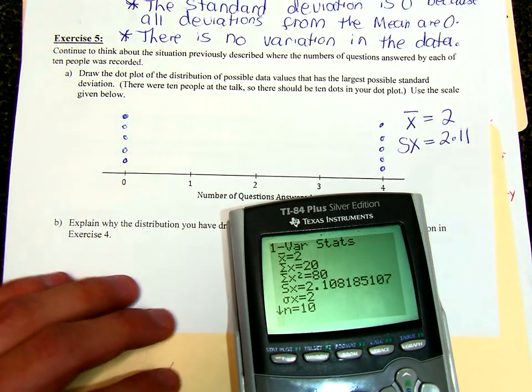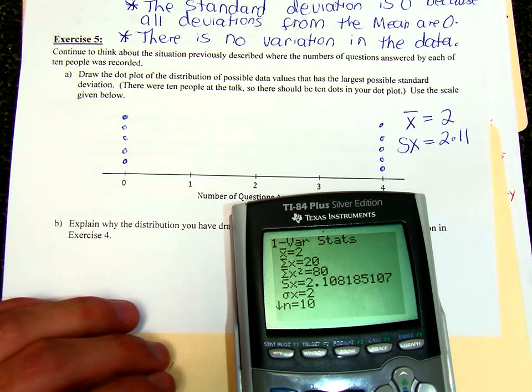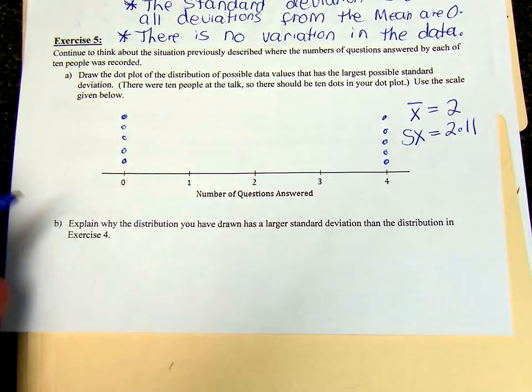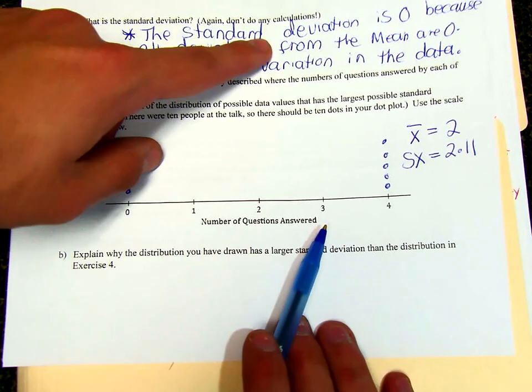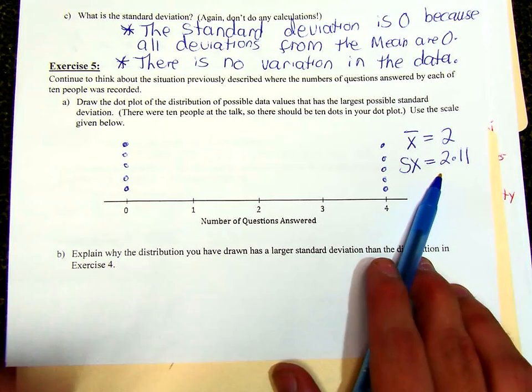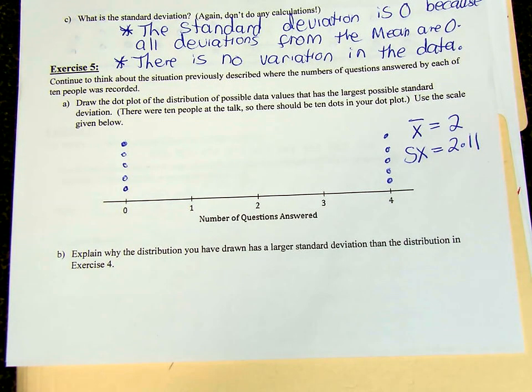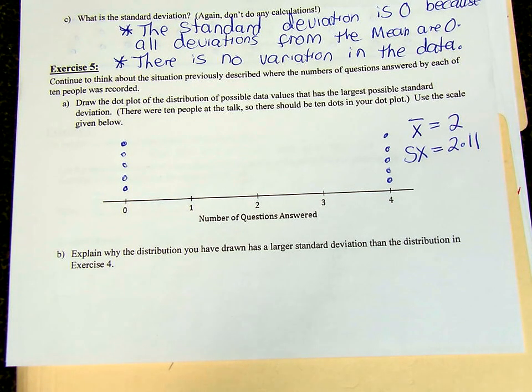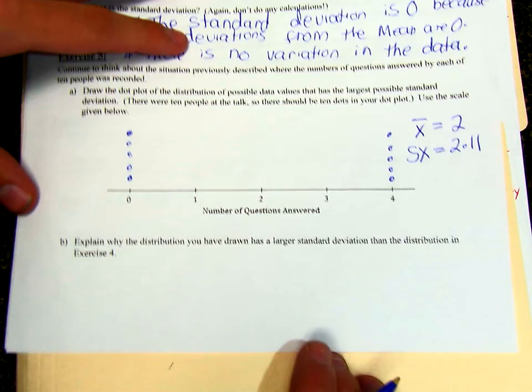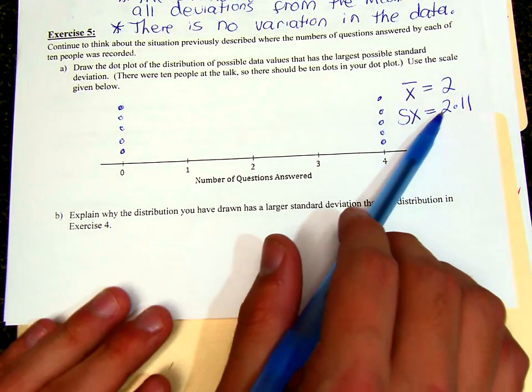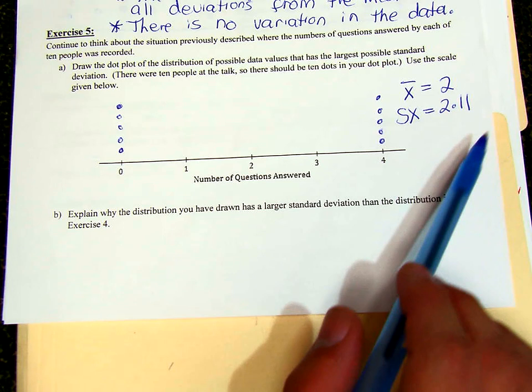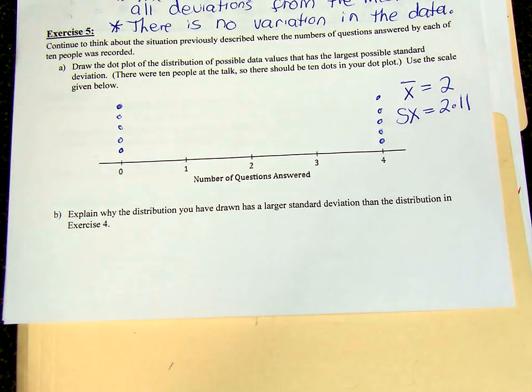That's if you round to the nearest hundredth. So we know that up here it had a standard deviation of 0, and this one is 2.11. That means there's a variation of about 2.11 questions. So why does this distribution have a standard deviation larger than the distribution in exercise 4?